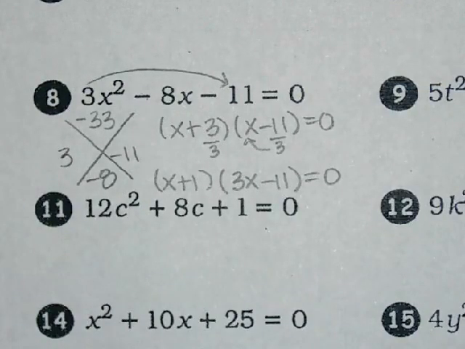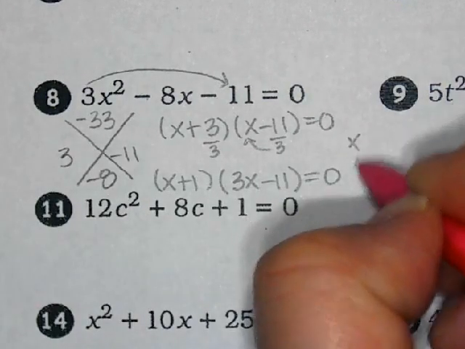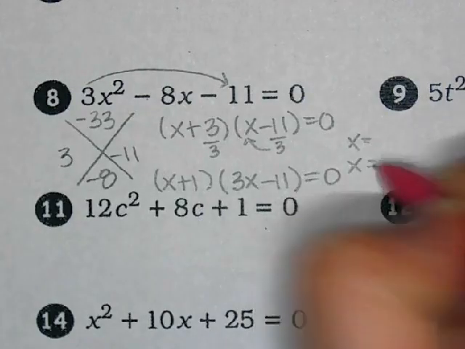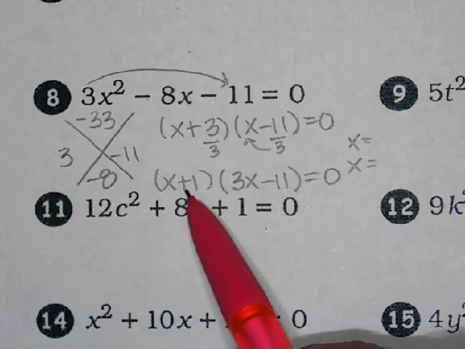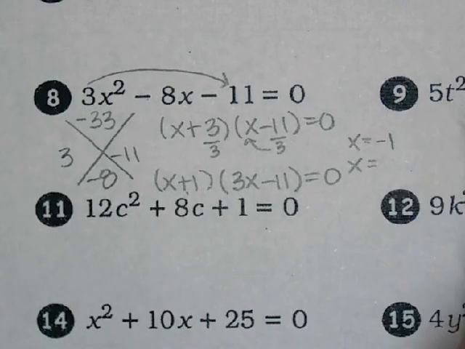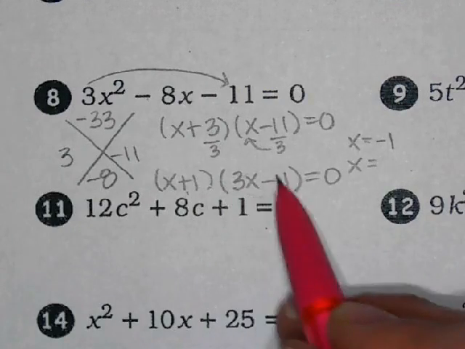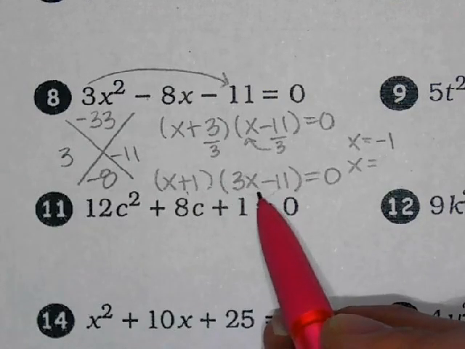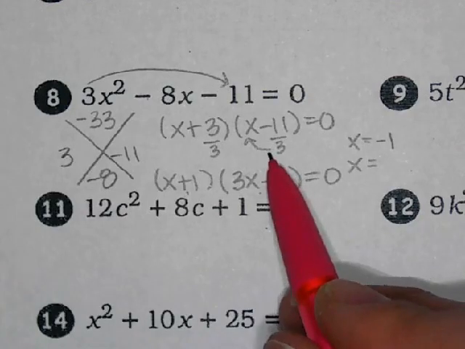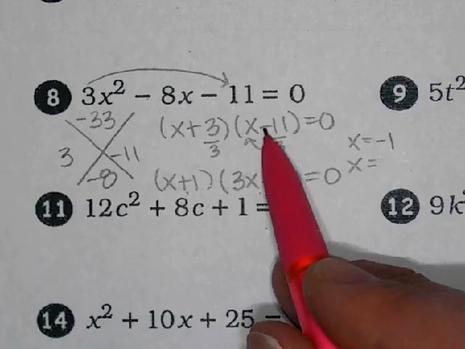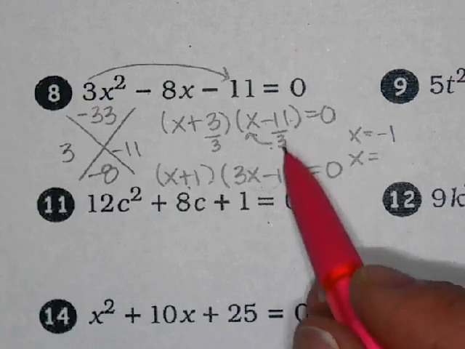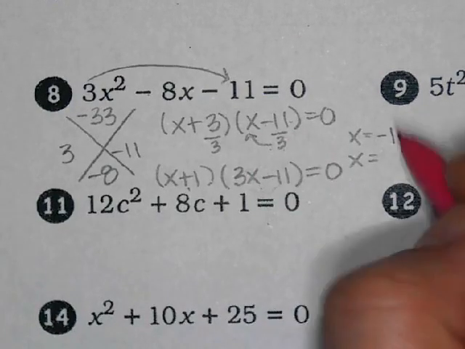Okay, and then our 2 solutions, that solution is negative 1. The solution for something like this is actually easier to see if you don't look at this parenthesis, if you look at this parenthesis instead. It would be positive 11/3, yeah.